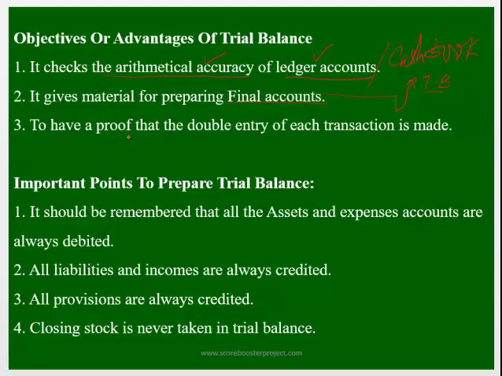To have a proof that double entry of each transaction is made. That is, if we have a problem with any of the items in a trial balance, the possibility of not following the double entry principle, which is the basis of accounting, will be determined. So it's a proof, for us to see that yes, we have observed the double entry principle, or the entry system we learned. Remember, the double entry principle was proposed by Luca Pacioli in 1494.